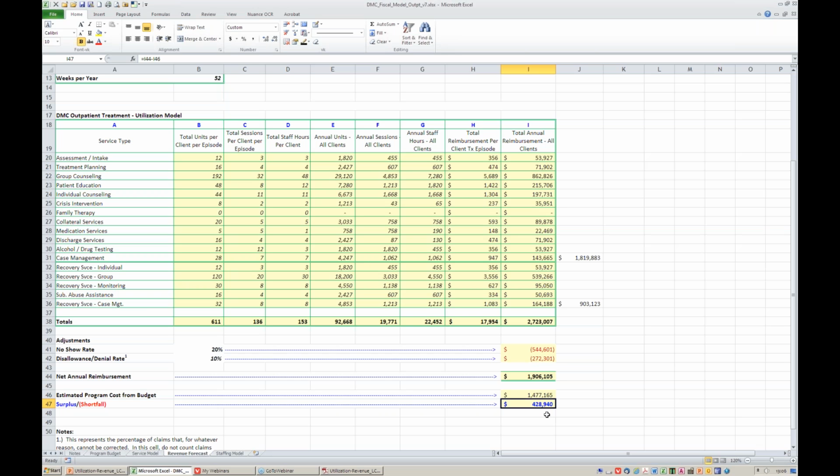And again, we get back to this cost settlement, this cost reconciliation issue. Let's say you thought, well, I put everything I possibly could in the budget, and we still end up with a surplus. Then that's the amount of money.